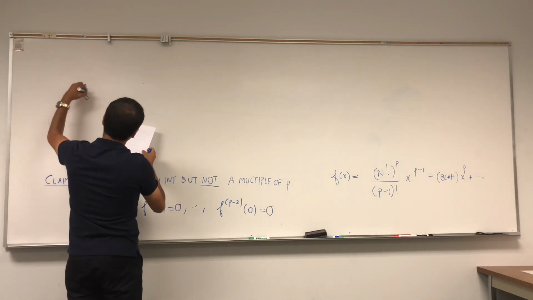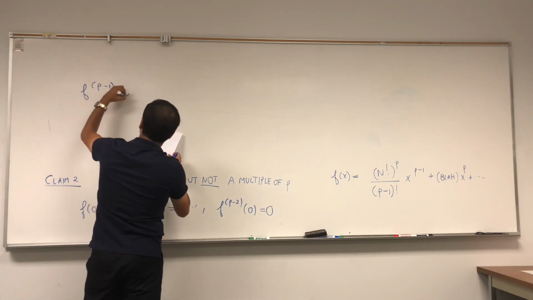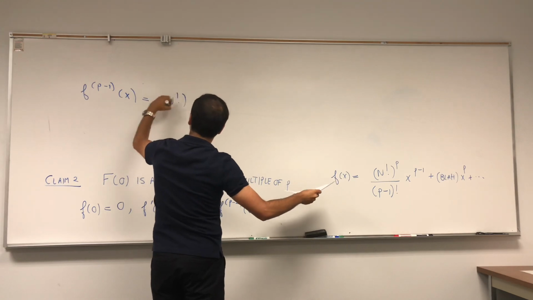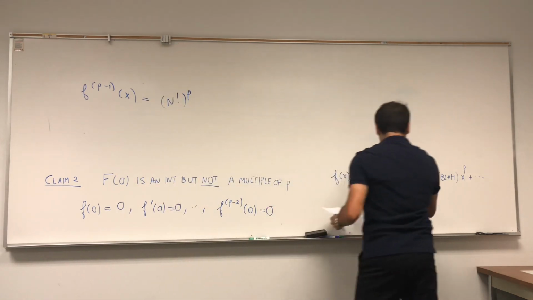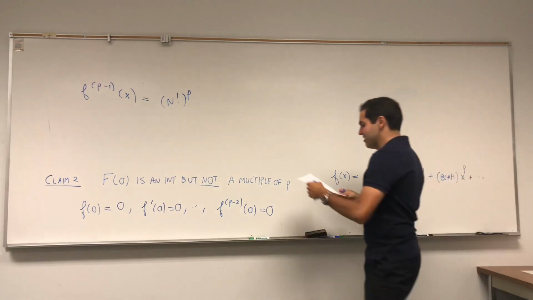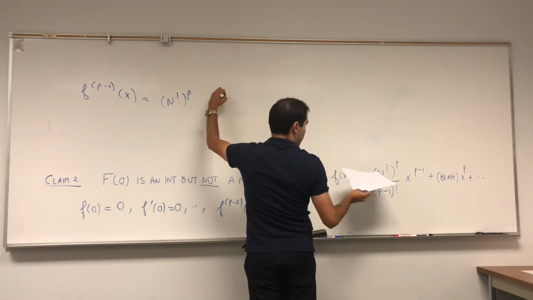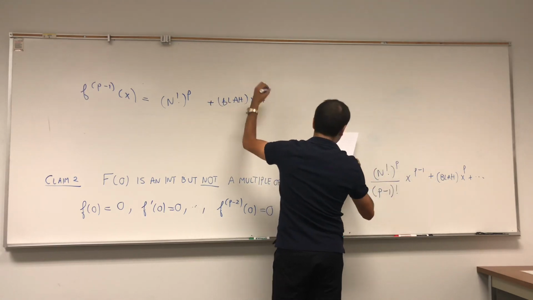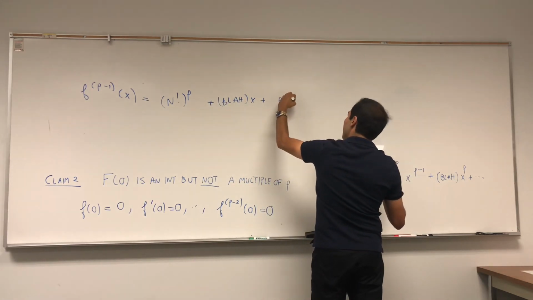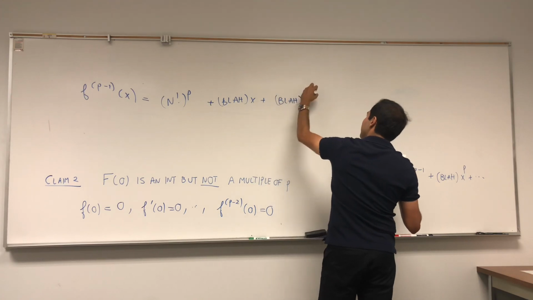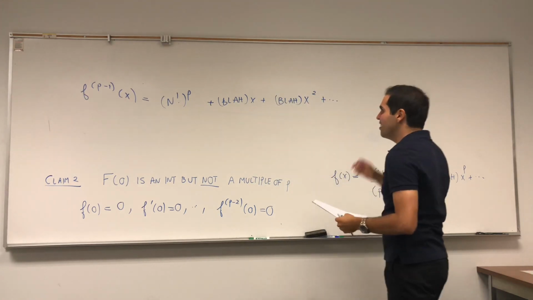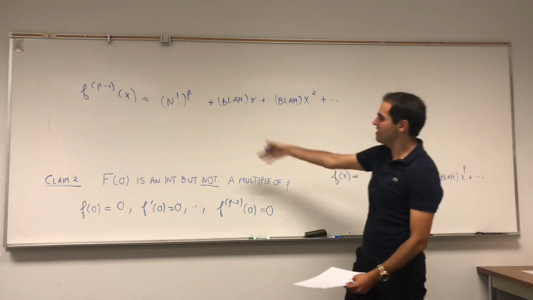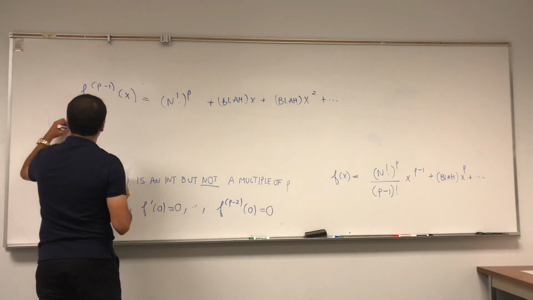What is f to the p minus 1 of x? Well, it becomes n factorial to the p times p minus 1 factorial, which cancels out here, plus, again, different blah times x, plus other blah times x squared, etc. And in particular, if you evaluate this at 0, you get 0, 0, 0, except for n factorial to the p.